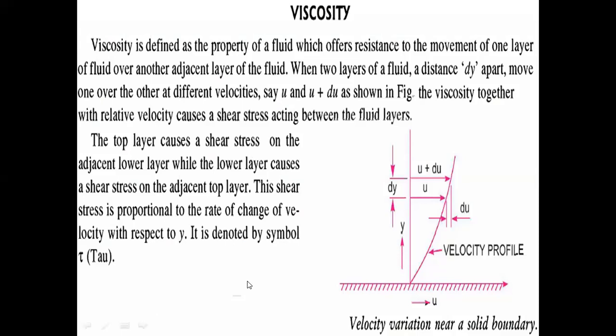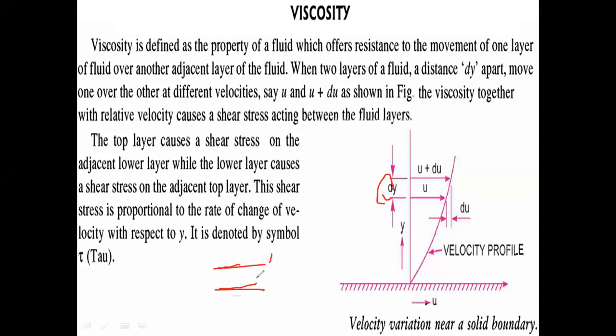This property is very important from the point of finding the head losses. In the upcoming units, unit number 4 and 5, major head loss, minor head loss, then viscous flow, then turbulent flow, to understand those concepts, understanding viscosity is very important, because of this viscosity only there is the head loss which occurs in the fluid.